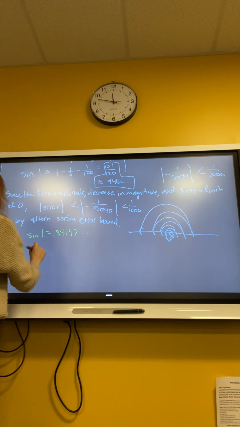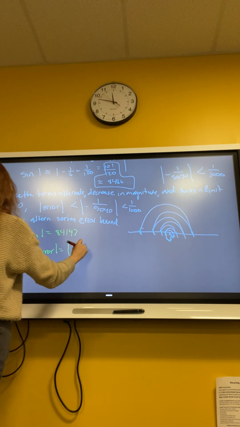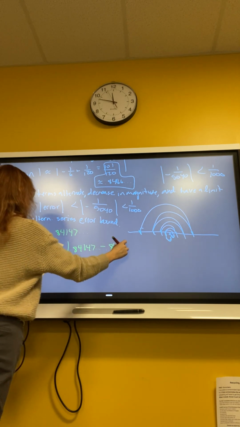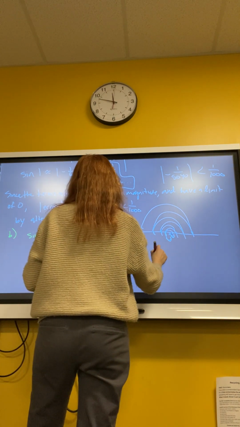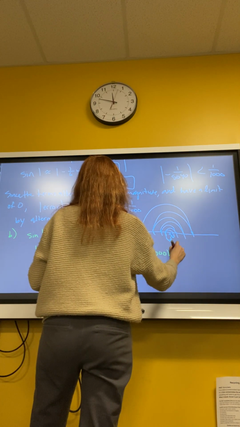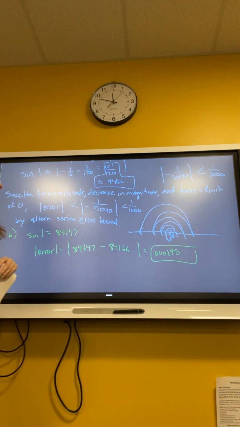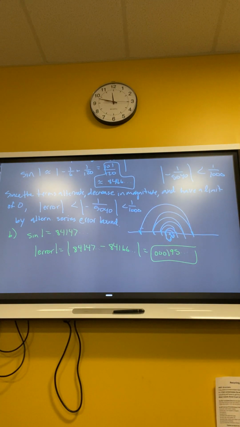So even after only 3 terms, that's a pretty good estimate, right? Probably helps that it's pretty close to the center at 0. The further we get away from that, the less accurate it's going to be.